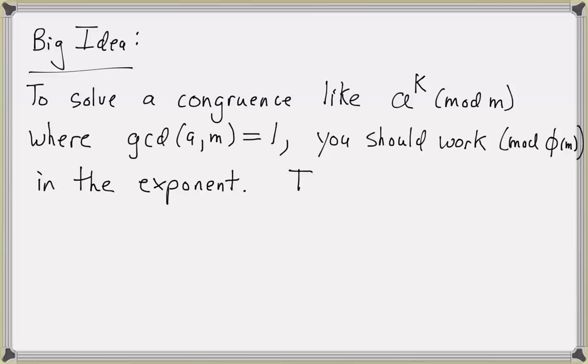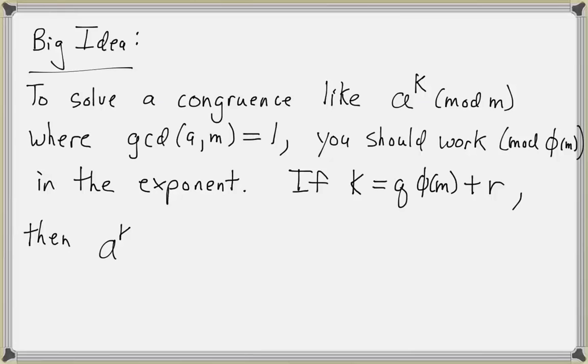So the idea is, if you can write k as some quotient times phi of m plus r, some remainder r, then a to the power k will be congruent to a to the power r mod m. So I'm really working mod phi of m in the exponent. So if k is q times phi of m plus r, then a to the k will be equal to a to the q times phi of m plus r.